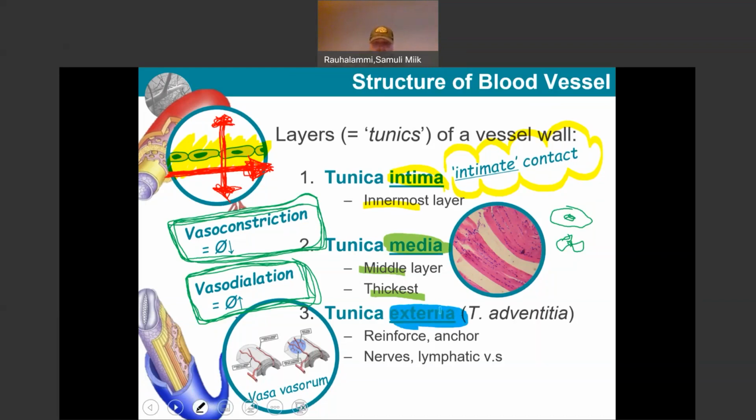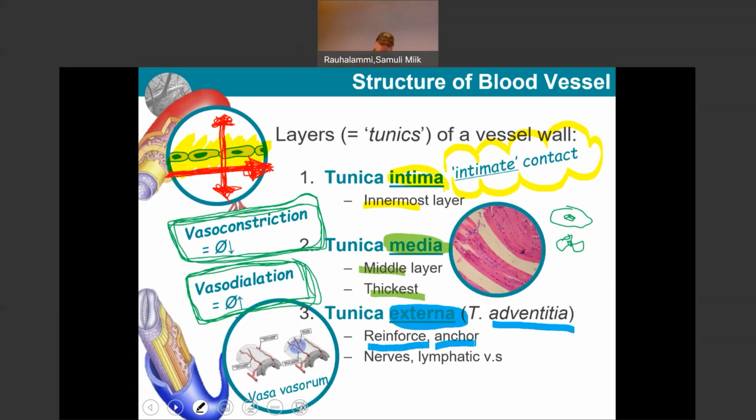And you might remember that I shared with you, this is sometimes also called tunica adventitia. This is largely made of connective tissue. There's also nerves, lymphatic vessels, and so on present there. And the function of the tunica externa is really to reinforce the blood vessel structure, the walls of the blood vessel, and also anchor this blood vessel to its side.